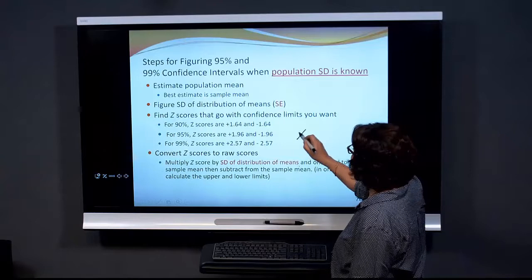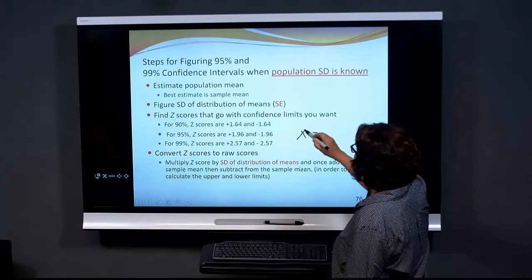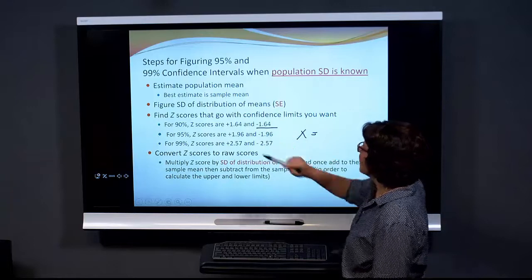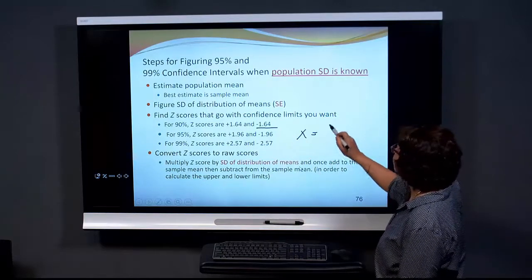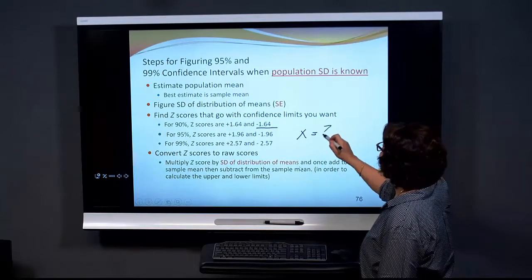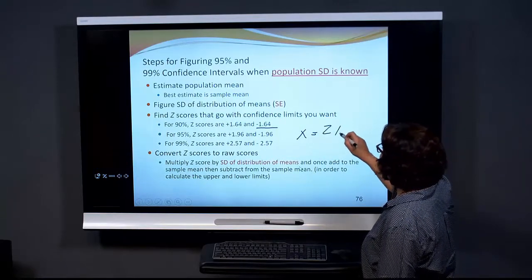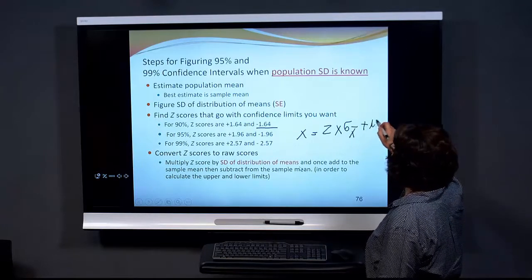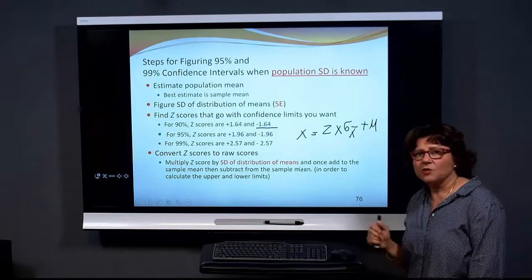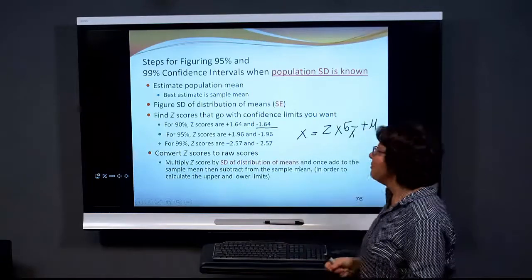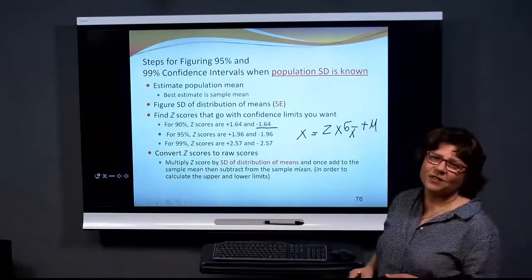So we say x is equal to your values of Z, whatever confidence interval you are doing. If you're doing 90% confidence interval, you put your Z value of 1.645, multiplied by sigma of x bar, and plus mu. All right, so once you do that, you get the two upper and lower limits for your confidence interval.